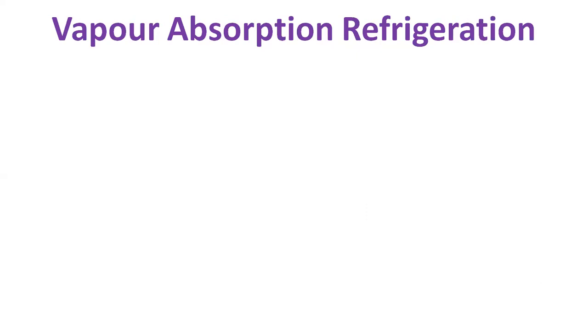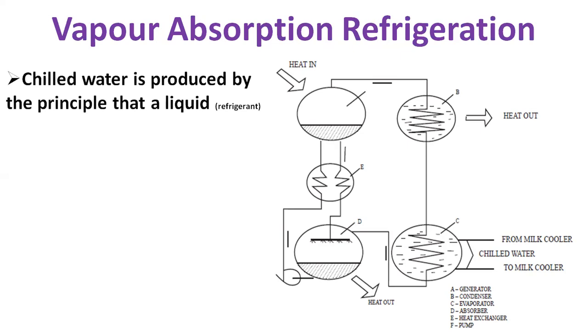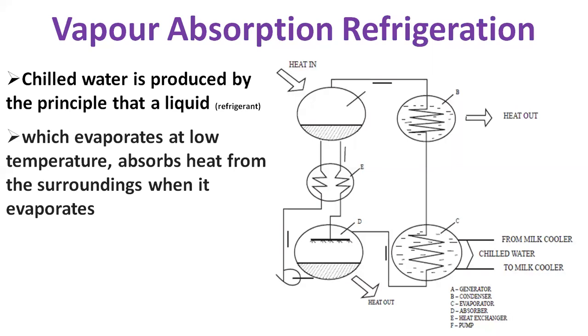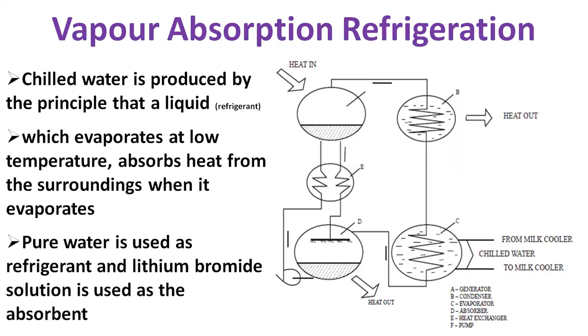The absorption chiller is a machine which produces chilled water by using heat such as steam, hot water, gas, oil, etc. The chilled water is produced by the principle that a liquid, which is a refrigerant, which evaporates at low temperature, absorbs heat from the surroundings when it evaporates. Pure water is used as refrigerant, and lithium bromide solution is used as absorbent. Let's see the absorption refrigeration concept.